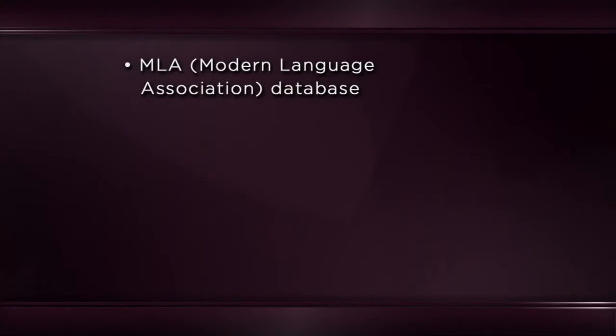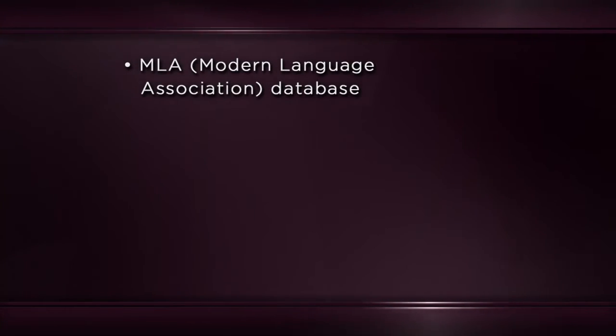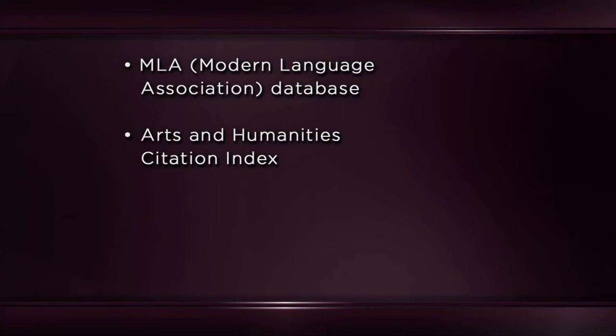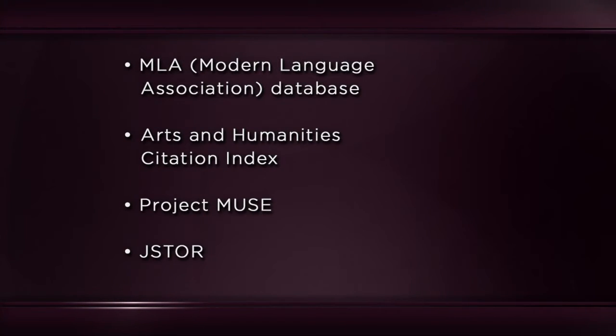For example, for a paper like this, I'd tell my students to do a search for their topic in the MLA or Modern Language Association database, or else the Arts and Humanities Citation Index, or there are some full-text databases like Project Muse and JSTOR. Nearly every field of interest has specialized databases for reliable information in that field.